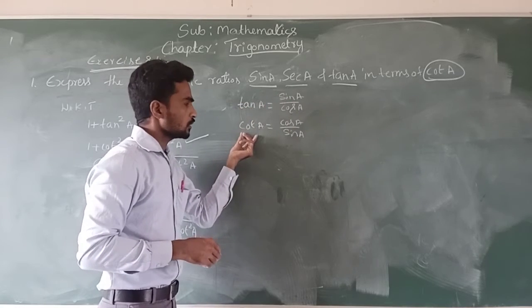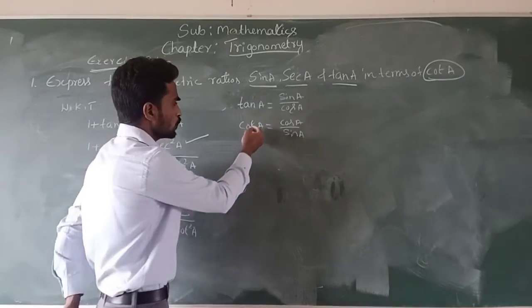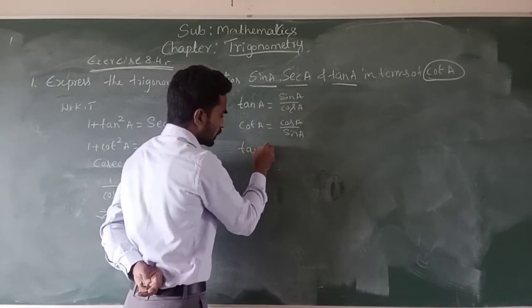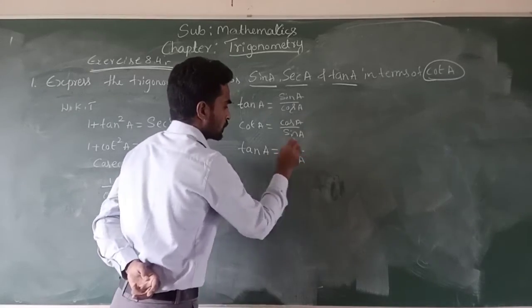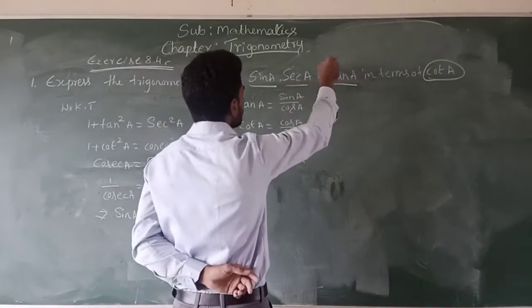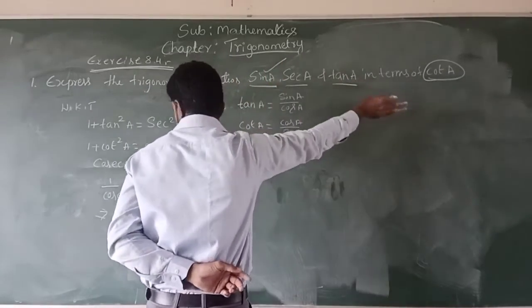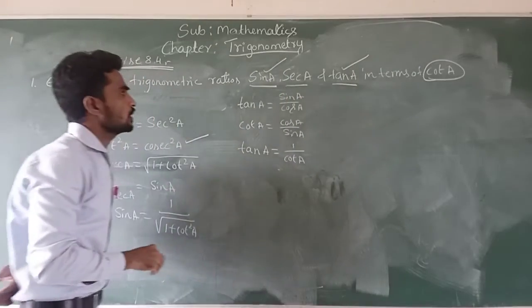Tan A is the reciprocal of cot A. By using that, tan A can be expressed as 1 divided by cot A. Now sin A is expressed in terms of cot A, and tan A is also done.